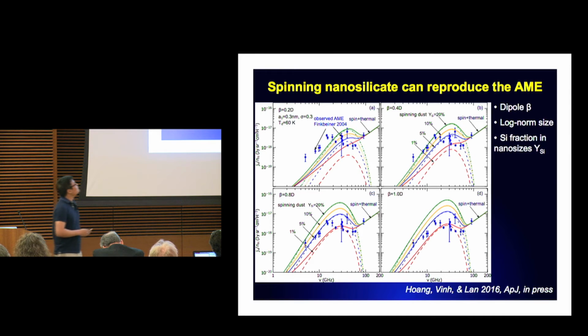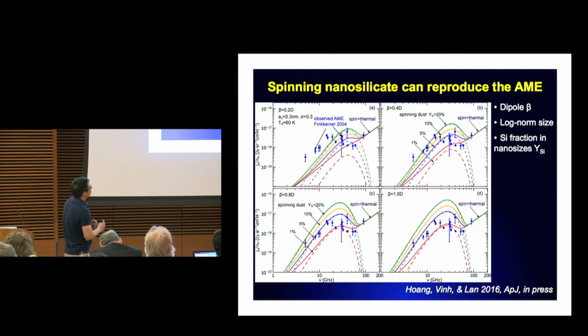Here I show the results we calculated for different dipole moments per atom in nanoparticles, from 2.2 Debye to 1 Debye. And for each value of dipole moment, we change the abundance of nanoparticles from 1 to 20%. If we increase the abundance of nanoparticles, we increase the emissivity from spinning nanoparticles.